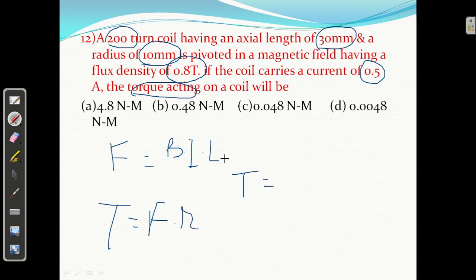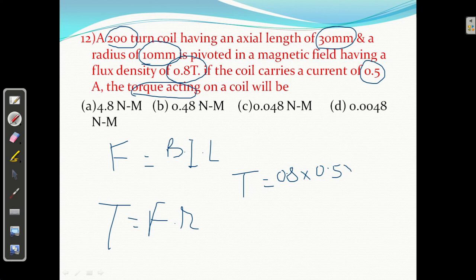B is the flux density, 0.8. What is the I? Current of 0.5. L is given 30 mm. Axial length of one turn is 30 mm. How many turns are there? 200.